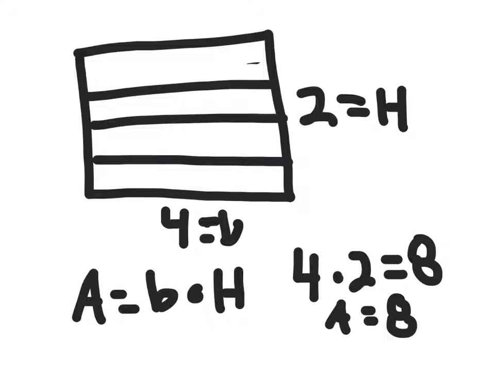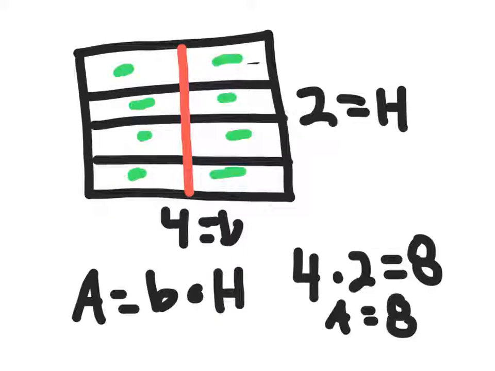And we have just 2 columns, so you split them right down the middle. And that's what you get. And if you count them up, you got 1, 2, 3, 4, 5, 6, 7, 8. As you can see, the area matches, and that would be your area.